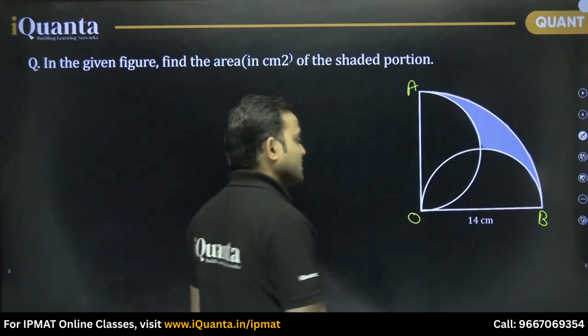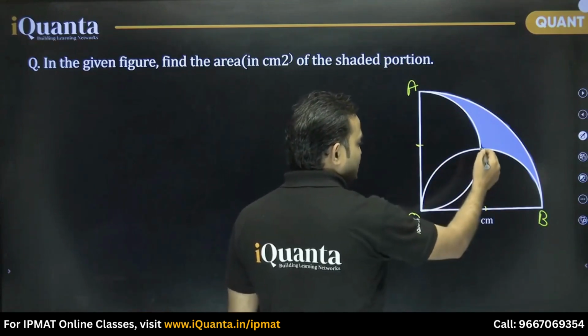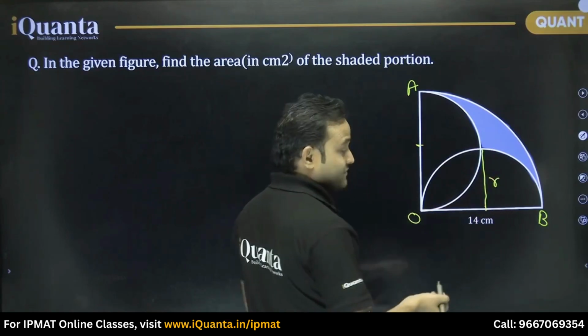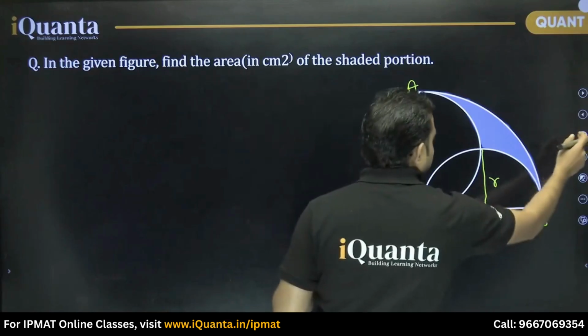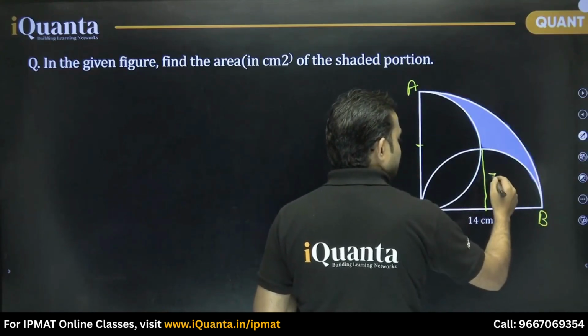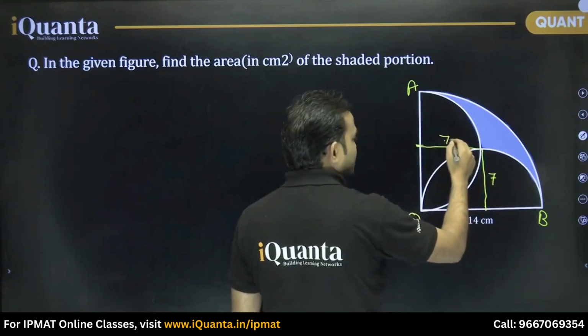Now let's talk about the center of these two semicircle. If I join this will be radius R, which is nothing but 7. So can I say this is 7, right? And then if I join this will also be 7.